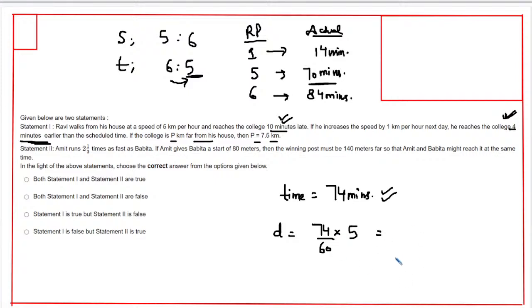Is it 7.5? 5 times 12. Sorry, speed is 6. My bad. The speed is 6 km per hour for this 1 kilometer. So this is 7.4 kilometers. So that is a wrong statement.